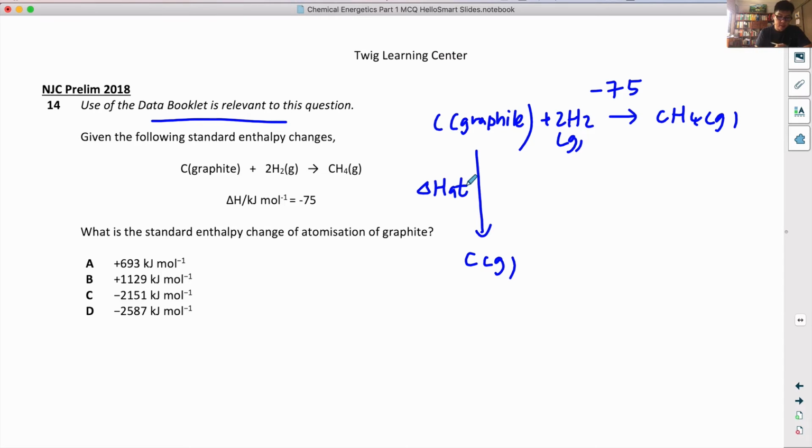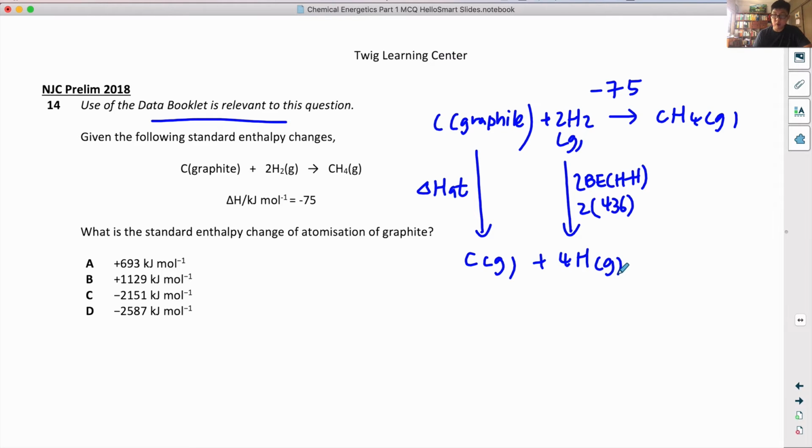You need to use data from a data booklet, which means you need to use the bond energy values. Over here, you're going to use bond energy of hydrogen, and you must multiply by 2 because you're breaking 2 H-H bonds. The value I can get from my data booklet will be 436, so you get 4H gas.